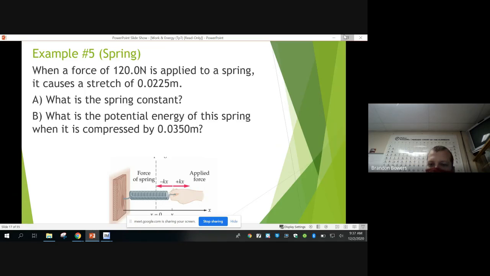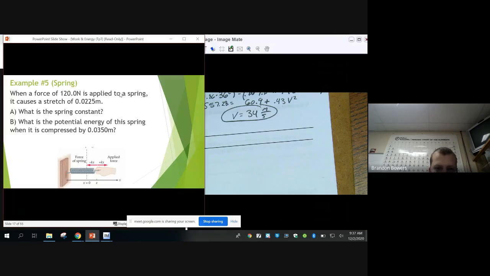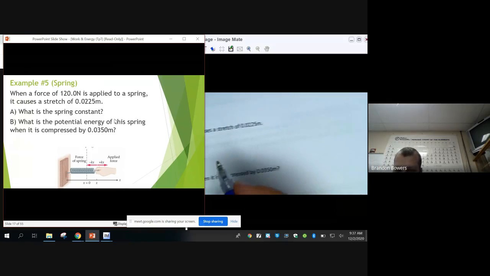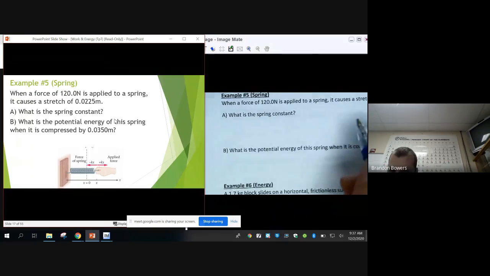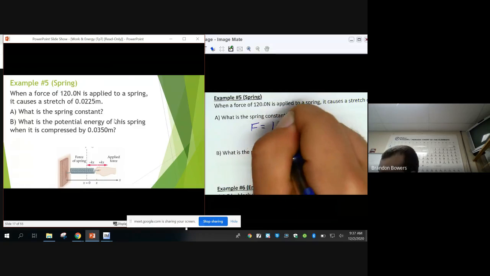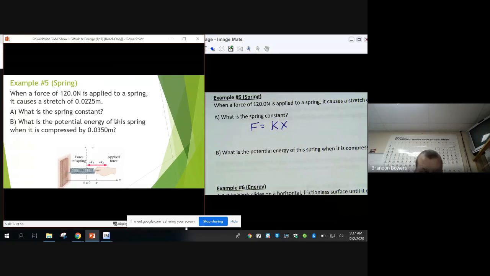Example number 5 says, when a force of 120 newtons is applied to a spring, it causes it to stretch 0.0225 meters. What is the spring constant? So the equation was force is equal to kx, that's Hooke's law, right?